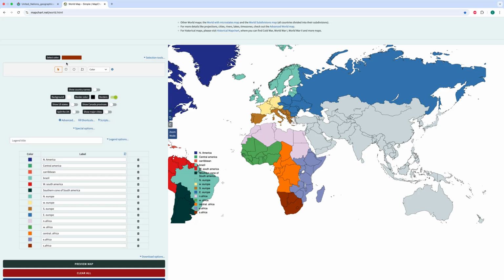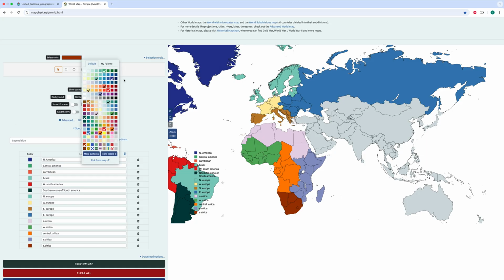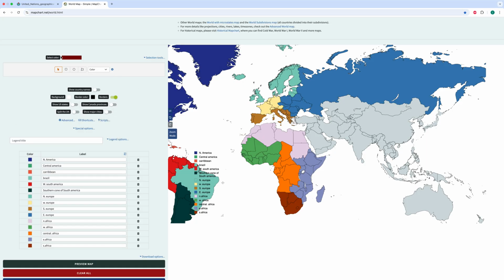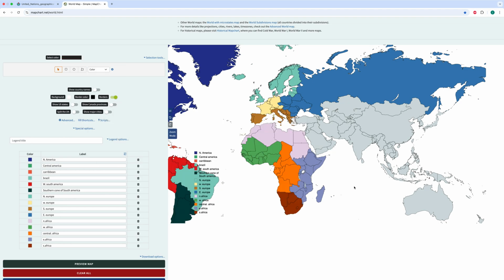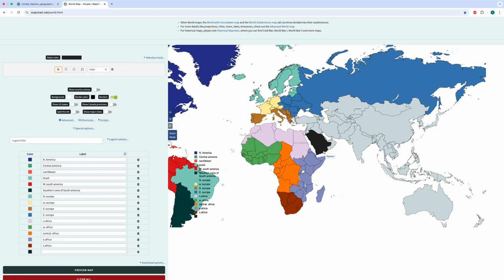Let's start with Western Asia: Saudi Arabia, Yemen, Oman, the UAE, Qatar, Bahrain, Kuwait, Iraq, Syria, Lebanon, Palestine, Israel, Jordan, Turkey, Cyprus, Georgia, Armenia, and Azerbaijan.